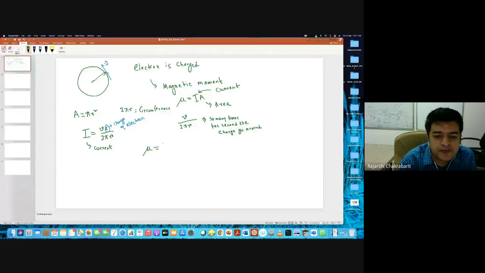Mu is going to be v e over twice pi r, times pi r square. What is the expression then? This is going to be v e by 2, pi will cancel, isn't it? Into r. Is this fine?